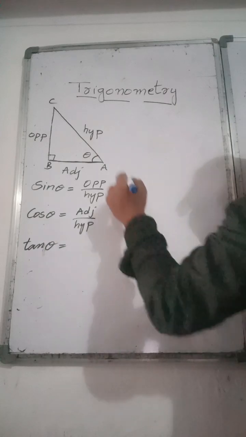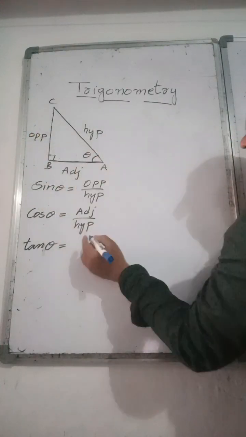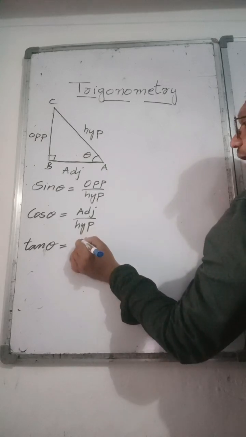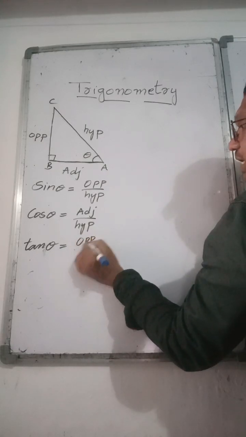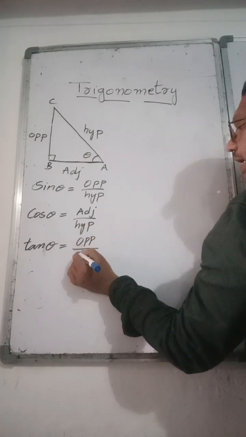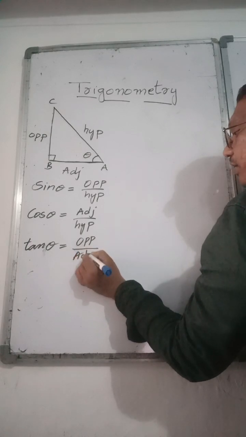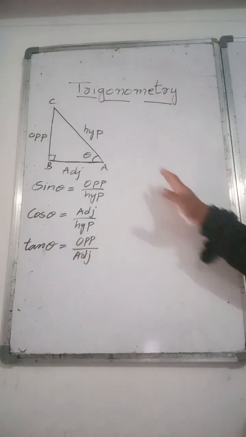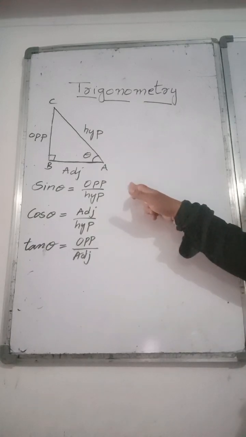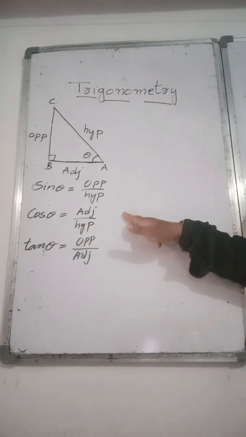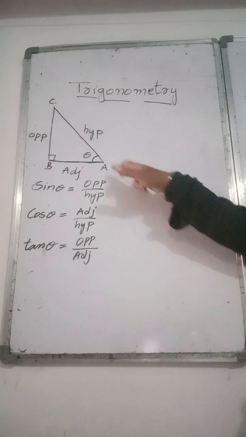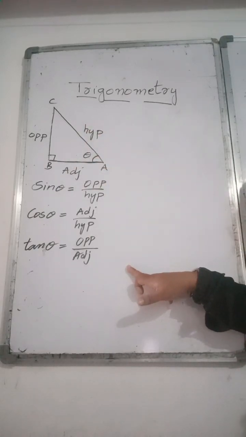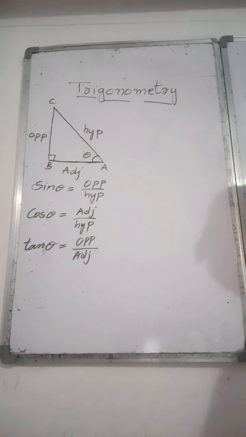Tan theta is equal to opposite by adjacent, that means the opposite side of an angle by the adjacent side of an angle. If you remember these three, sin theta is opposite by hypotenuse, cos theta is adjacent by hypotenuse, tan theta is opposite by adjacent, the other three you can easily remember.